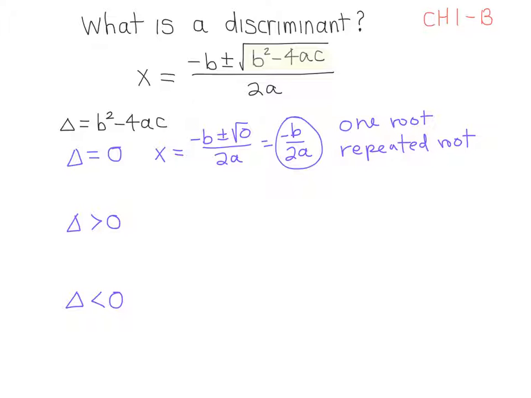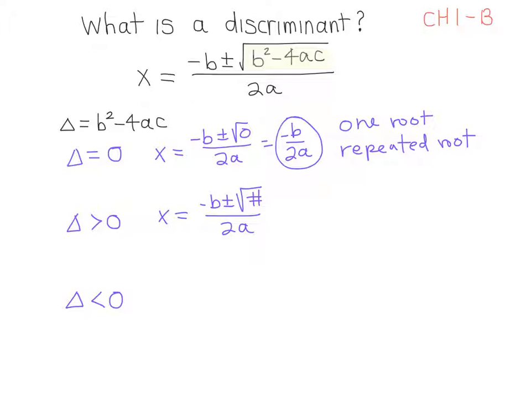When discriminant is greater than 0, we have x is equal to negative b plus minus square root of some kind of positive number, because it's greater than 0, over 2a. Clearly, there are two answers. Negative b plus square root of a number over 2a, another one being negative b minus square root of a number over 2a.